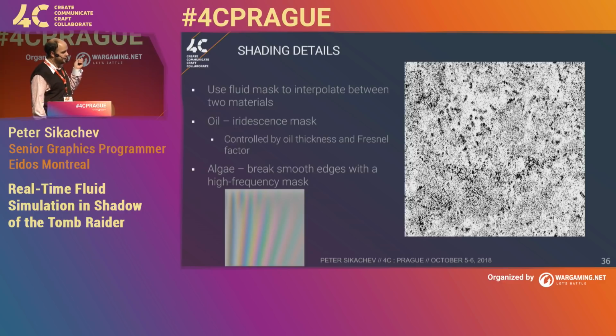Here's what the iridescence mask looks like. And then for algae, we use a special high frequency mask to break the pattern. It acts as a multiplier for the values that we get from the simulation to add some grainy feel to it.